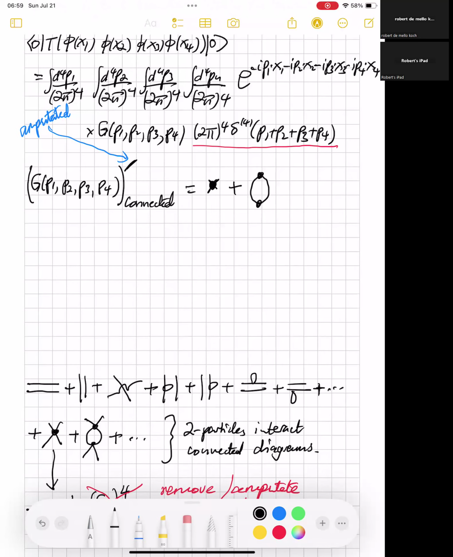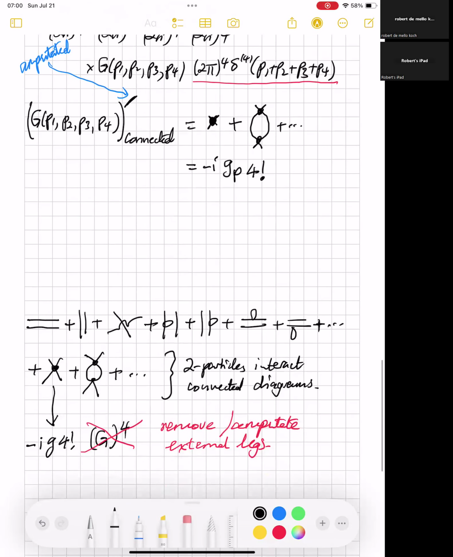These are internal lines, so those would still be there, but a little stump on the external lines. And so it would continue. So you'd add all of those diagrams, and then you set this equal to minus i g physical, g_P, times 4 factorial. Okay, so that's how we're going to define our coupling.